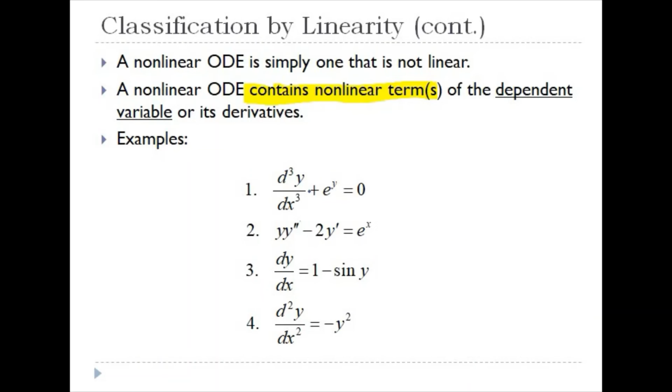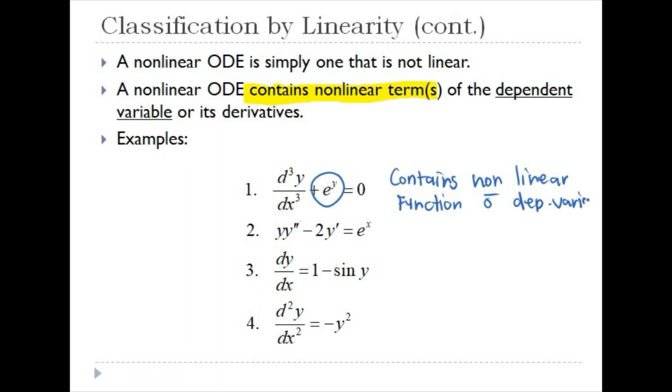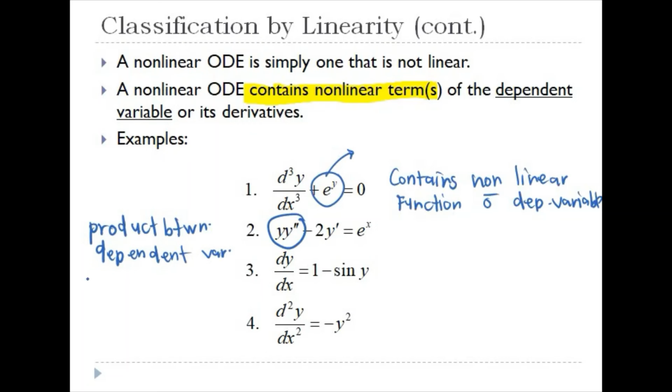Let's go to the examples here. The first is nonlinear because it contains a nonlinear function of the dependent variable, which is y here. The exponential is a nonlinear function. For the second example, there is a product between the dependent variable y and its derivative, y double prime.